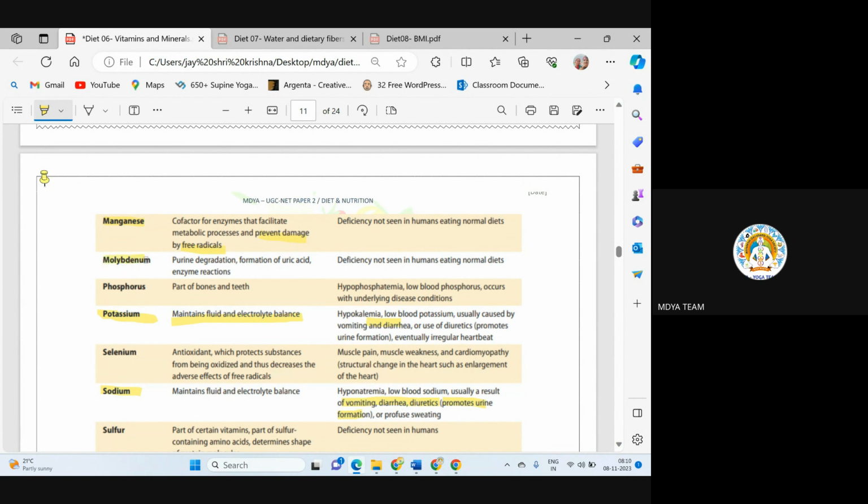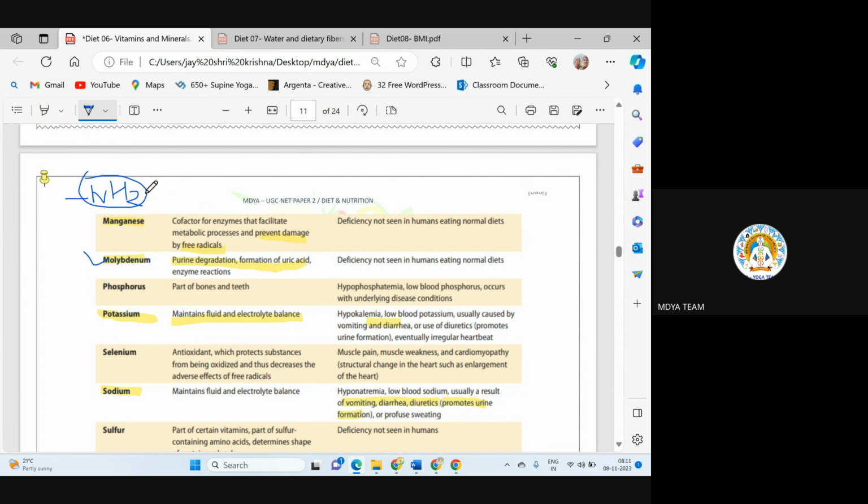Molybdenum. Again, this one is important. What does molybdenum do? It helps in purine degradation and formation of uric acid. As we already discussed, in protein there is one NH2 group, an amine group, present in amino acid or in protein. So while our body is utilizing protein, some amine groups are left over.